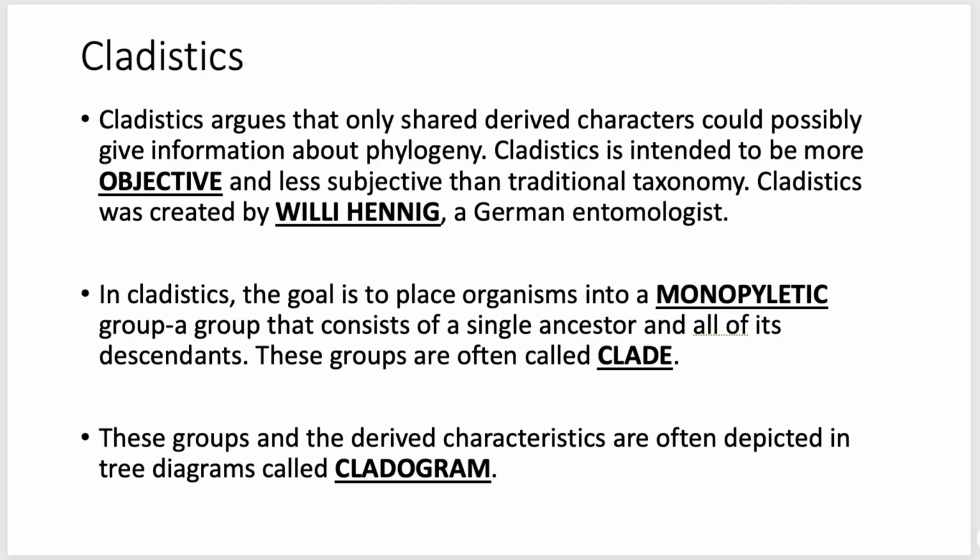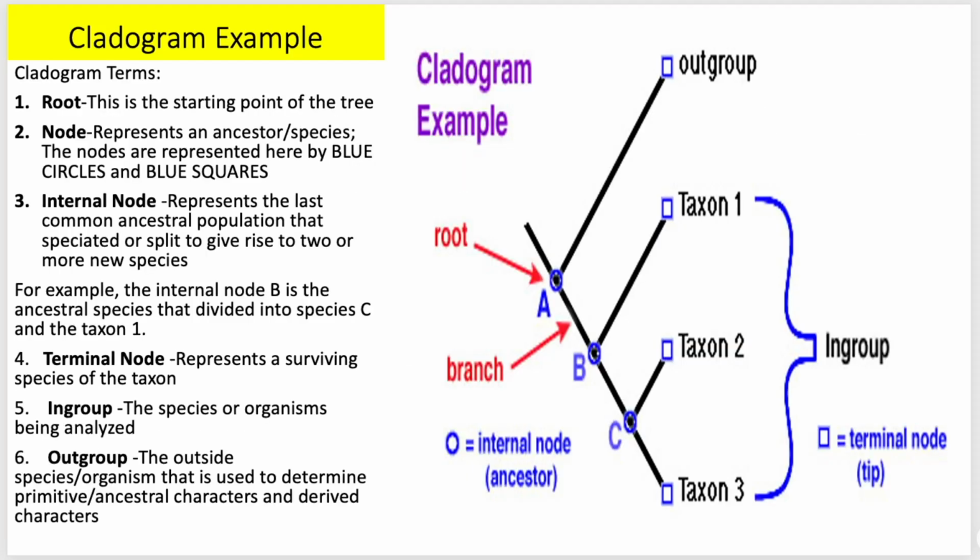So in cladistics, the goal is to place organisms into a monophyletic group, a group that consists of a single ancestor and all of its descendants. We call these groups a clade. And these groups of the derived characteristics are often depicted in tree diagrams called a cladogram. So we'll look at one of these and some of the terms that we'll use.